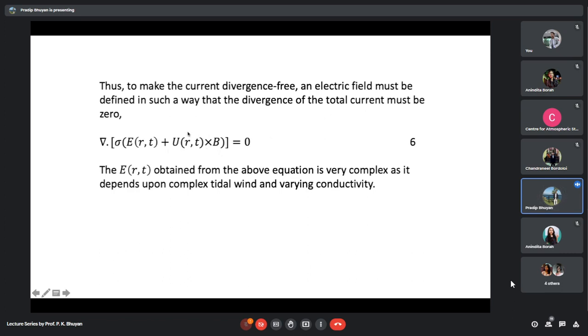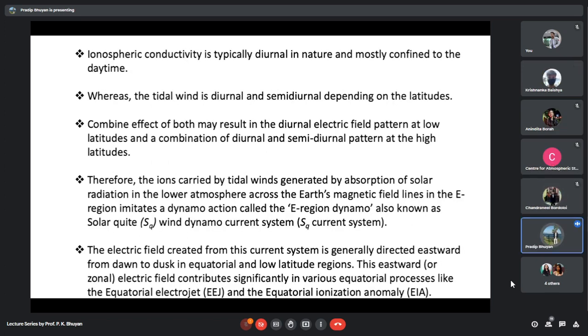So sigma will be there for E. U(R,T) is the wind component, and you have the tidal wind component, and because conductivity is varying with height, your equation becomes very complex. Okay, if we need to make the divergence equal to 0, these are the conclusions for that.